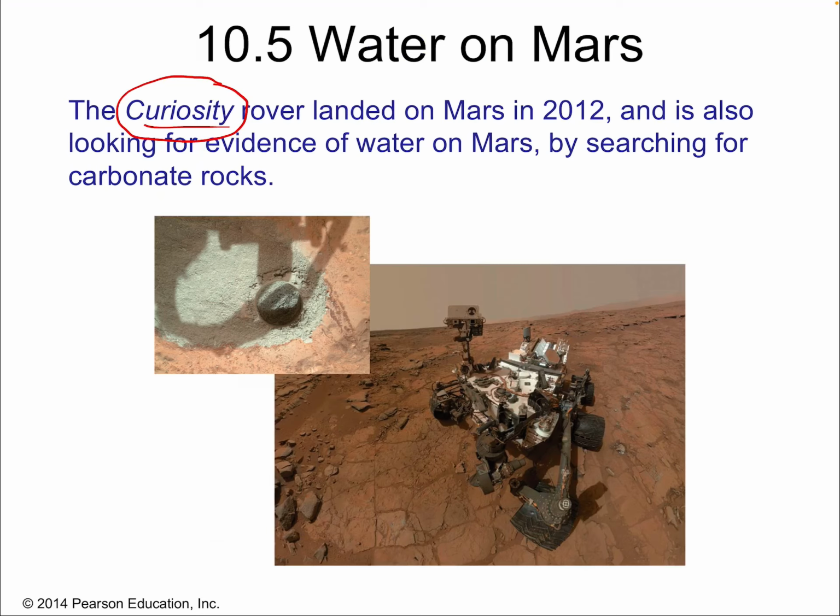A mission in about 5 years is then going to go there and collect those sample tubes, launch them up into space where they're going to get caught by another orbiting probe that's then going to bring them back to Earth. So we're actually going to be bringing back samples from Mars in about 7, 8 years, and we've never done that before. And we're going to bring back the samples that the photos suggested might have fossils in them.